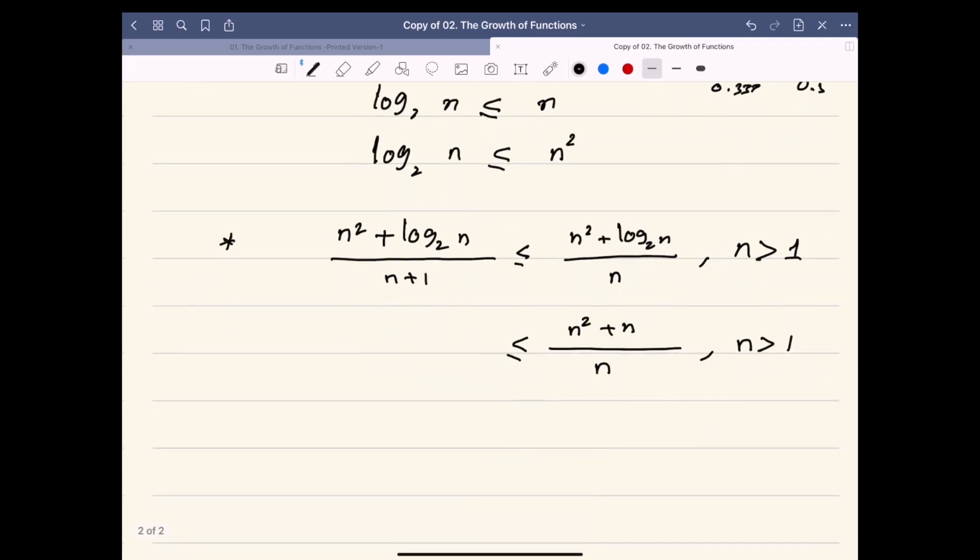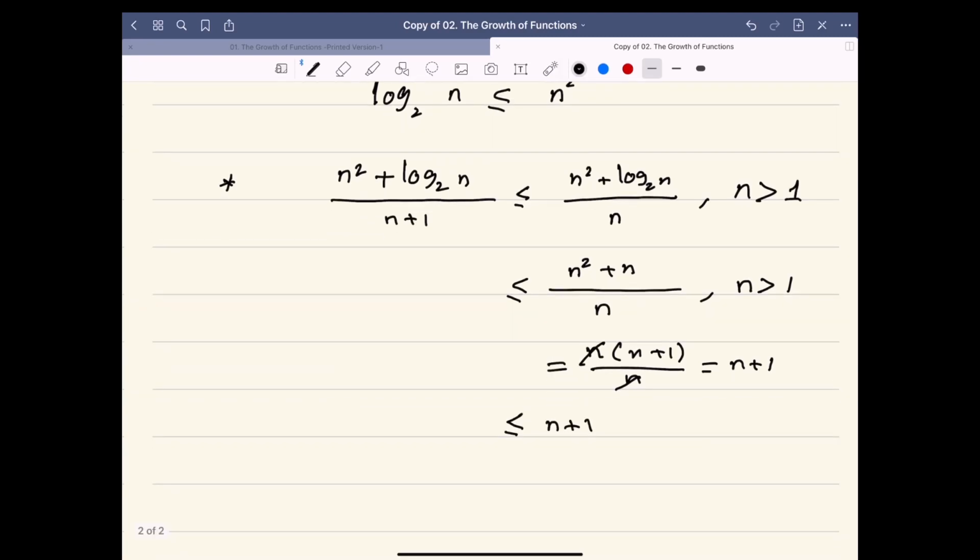Now here you can take n common, plus 1, and then you will divide both sides, and here you will get n plus 1. So our equation is n plus 1. Also, 1 is less than n, so I can replace it: this will be less than n plus n, and this is equal to 2n.